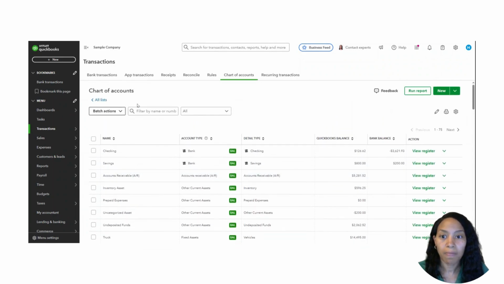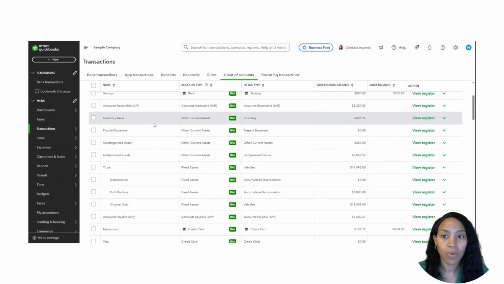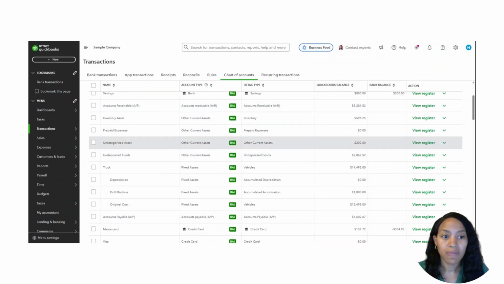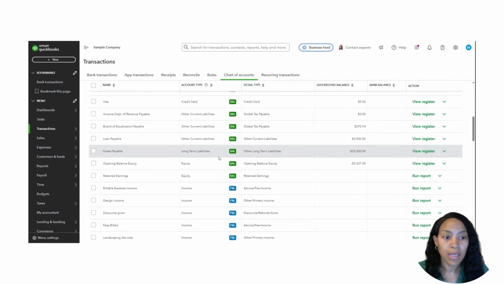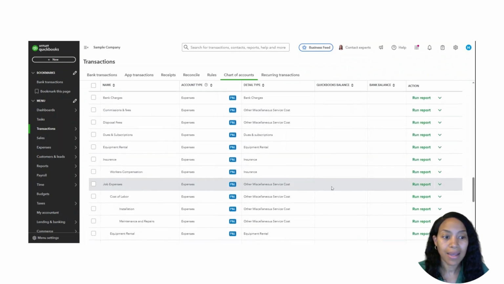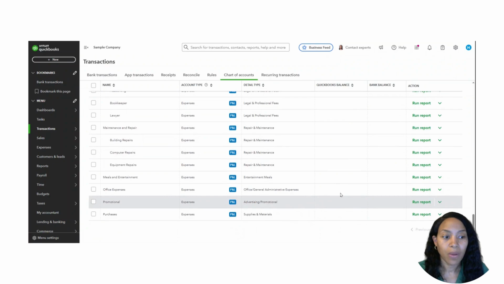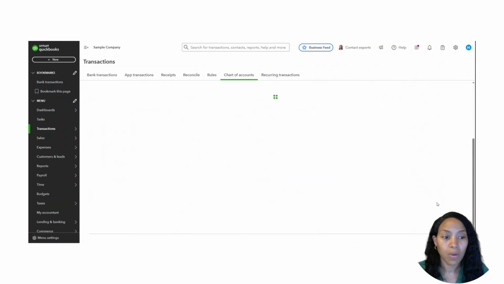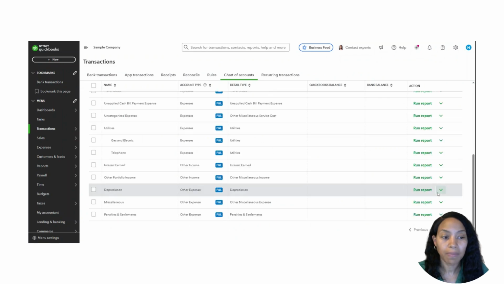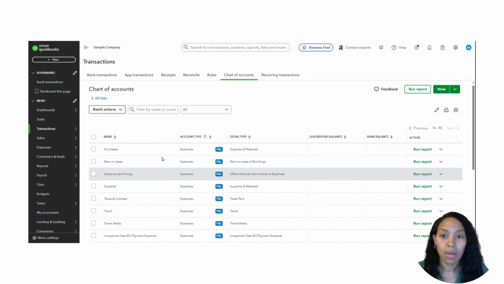And what I do is that I scroll through just to see if there's any negative balances, just to see how many accounts the client has, to see what I need to work with. So, as you can see in the sample company, this sample client has about 92 accounts.